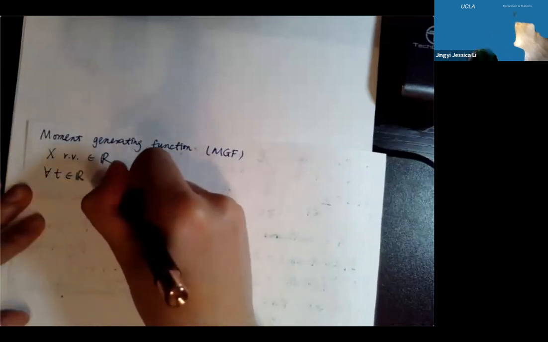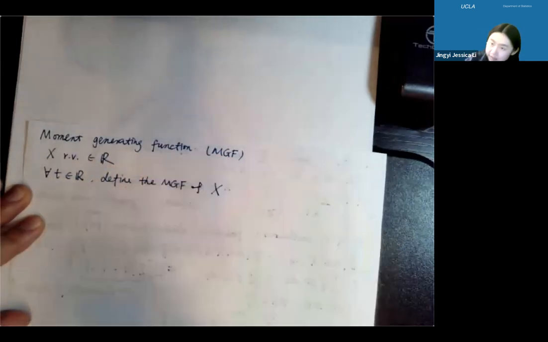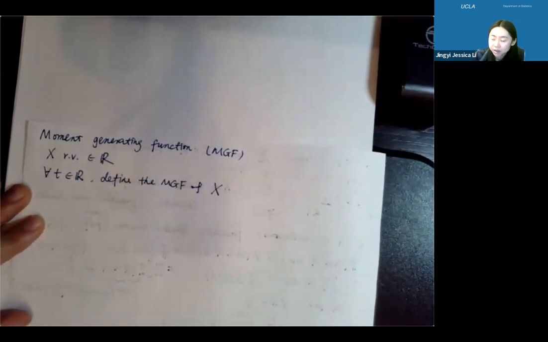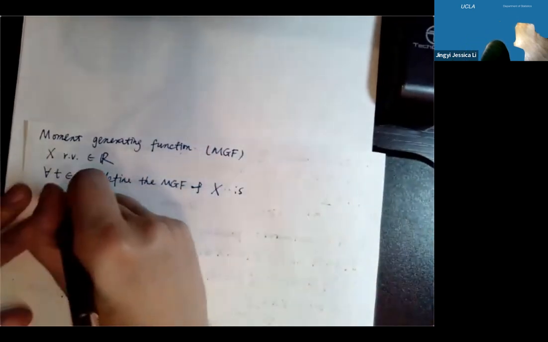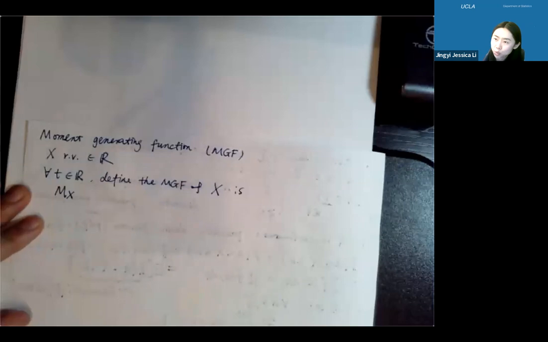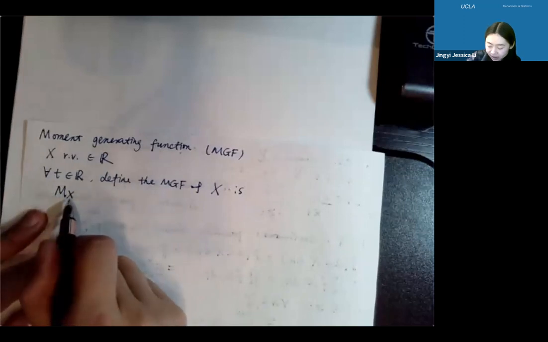So for any real value t, we can define the MGF of x. So just as the PDF, PMF, CDF, this MGF is also a property about a random variable. We define it using this notation M_X. So we put the random variable x in the subscript to be sure that we're talking about x's MGF, not something else's MGF, okay? So M_X is the MGF function.